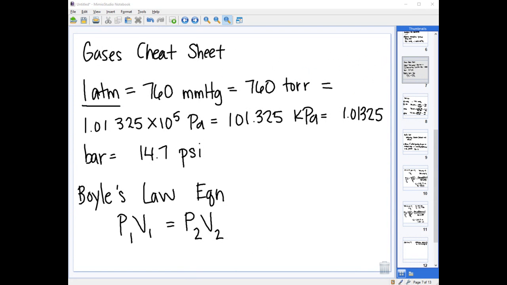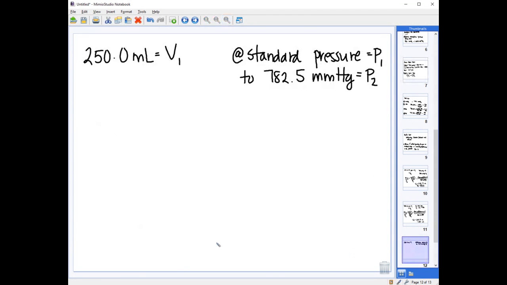Okay, and so the units they're giving me in my problem are millimeters of mercury, so I'm going to get standard pressure in millimeters of mercury. So what is standard pressure in millimeters of mercury?